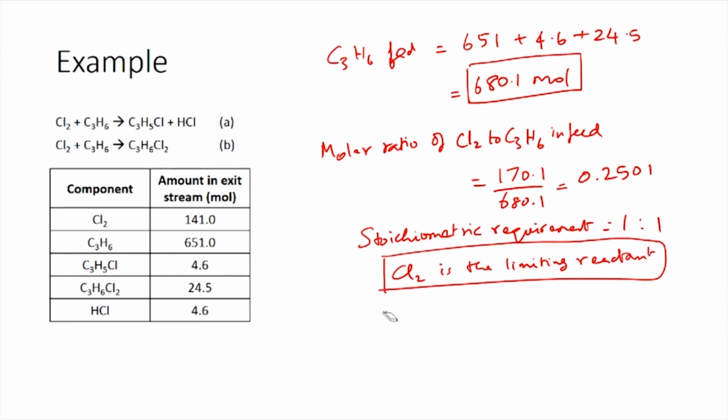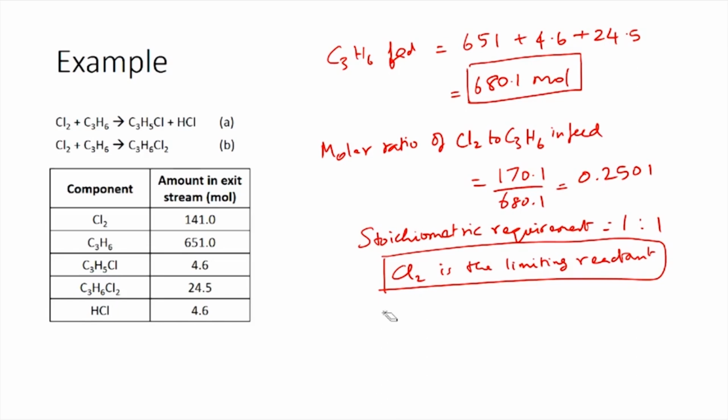So, the next part of the problem asks us to calculate the fraction conversion of C3H6 to C3H5Cl. So, we know that C3H6 actually takes part in both the reactions. It is getting converted to C3H5Cl and C3H6Cl2. So, we need to identify how much of C3H6 actually went into the first reaction to produce C3H5Cl.